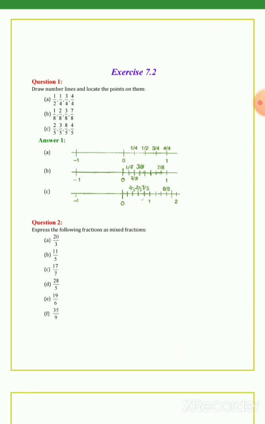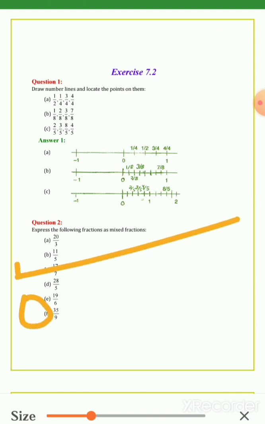Now we have part B of this question, that is 1 by 8, 2 by 8, 3 by 8 and 7 by 8. If it is 8 by 8 it will be 1. It means all the numbers are lying between 0 and 1.